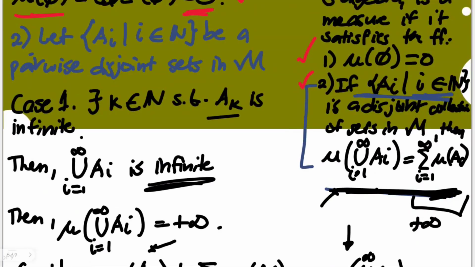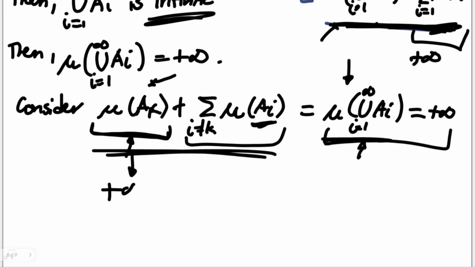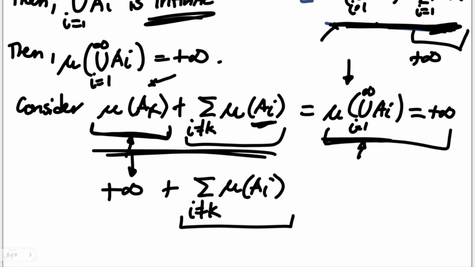Being a sub k is already infinite, this would mean this here is positive infinity. Now plus the union of a sub i, where i is not equal to k. Whatever be the result of this, take note, you are adding this to infinity.